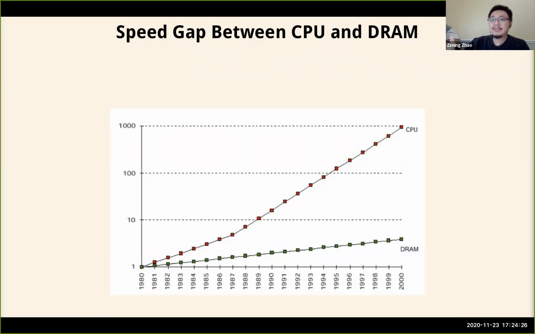If we had something super fast, super large, super cheap, then we would not need different layers of storage. So right now, our solution is to have different layers of storage. The faster ones are usually more expensive and also smaller. And there are more affordable, larger ones, but they are quite slow.